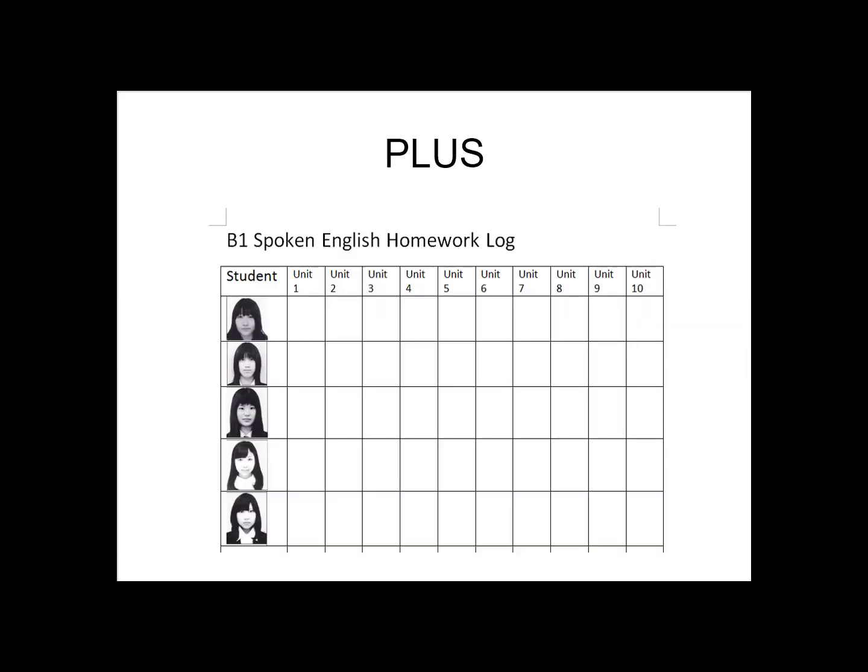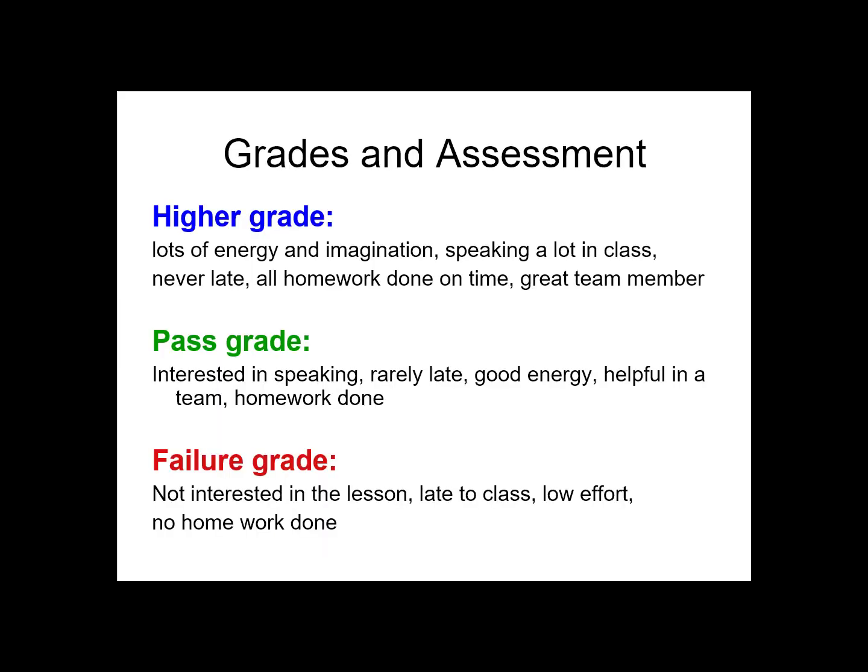Homework log. Once I have your class list, I'm going to make a homework log, so we'll be able to do that. Don't worry, this is B1. This is an old picture. It's actually A2 now. A2. Higher grade, pass grade, failure grade.